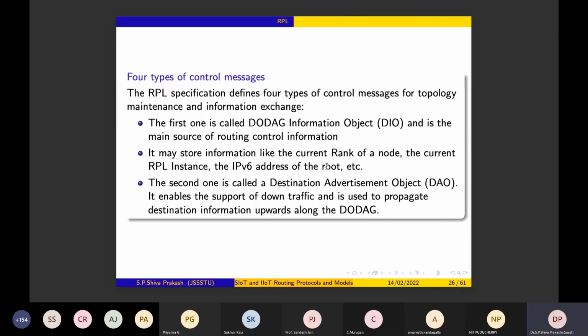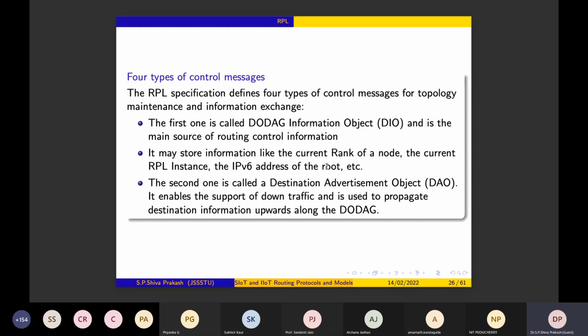In RPL, four types of control messages are used to communicate. The first one is the DODAG information object, DIO, which is the main source of routing information, since it acts as the root. It may also store information like the current rank, the RPL instance, and the IPv6 address of the root.